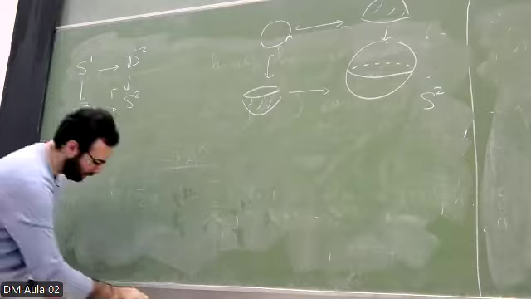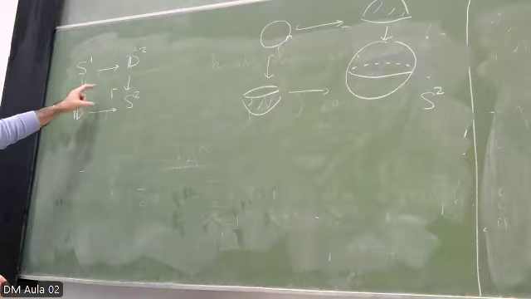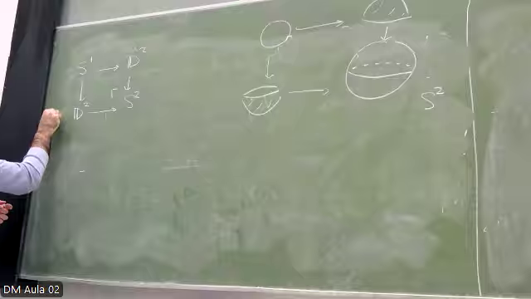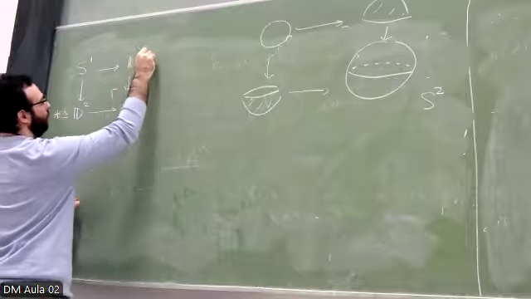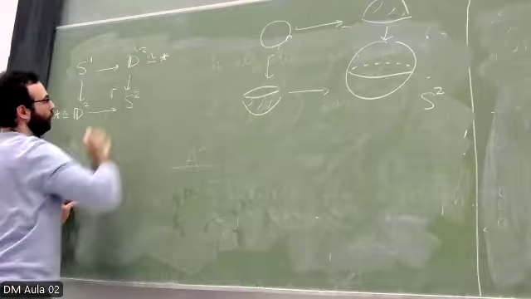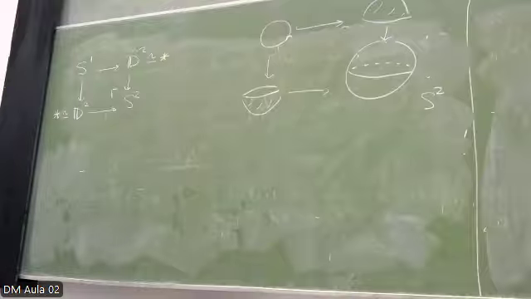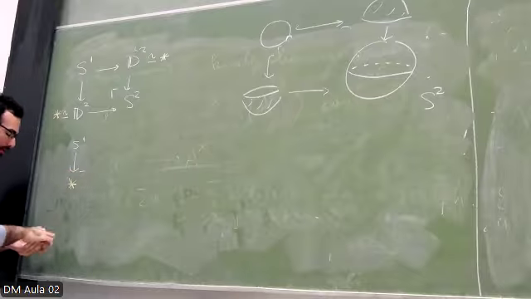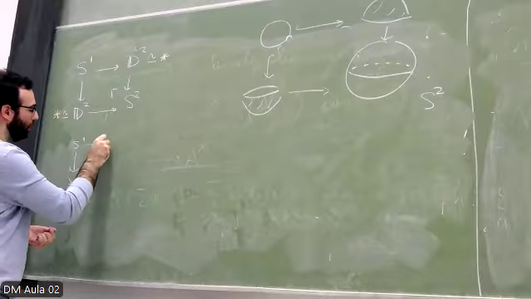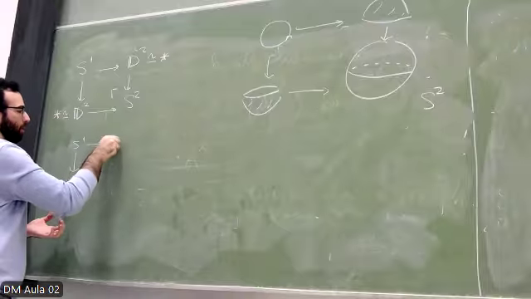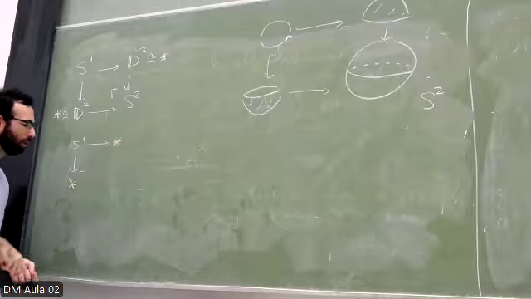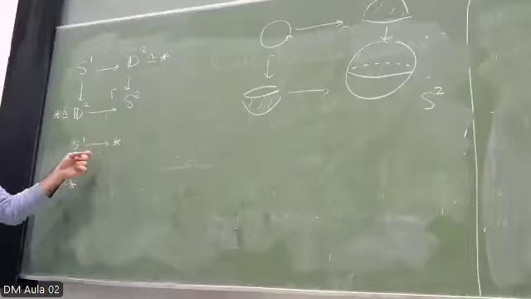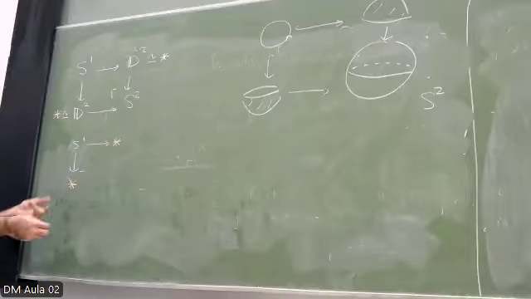Now, both of these disks are contractible, so they can be collapsed to a point. But if we do this and then consider the new diagram and use our definition of pushout, then this is just gluing two points one to the other, so it's a point.